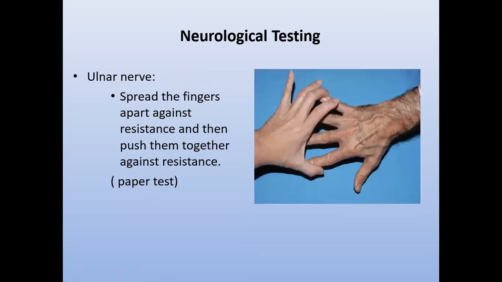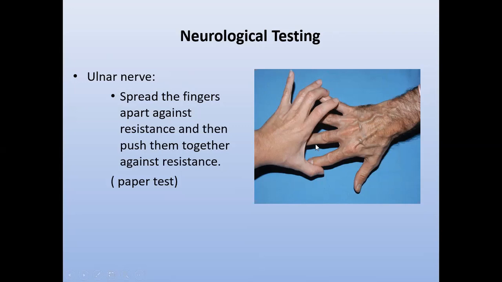Now, ulnar nerve, you need to see whether the patient has abduction and adduction at the fingers. So there is this paper test, which is also called a card test. The card test will basically check your adduction, which is caused by the palmar interossei. Whereas what is shown in this diagram is called Egawa's test. In Egawa's test, you're telling the patient to spread his fingers apart.